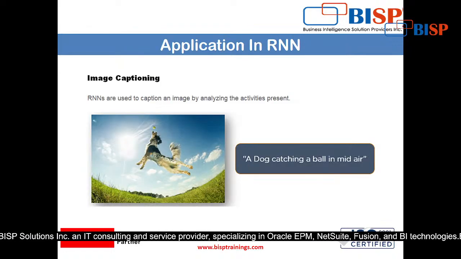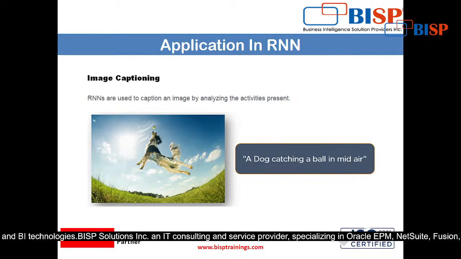Now see here, applications of RNN, the recurrent neural network. If I show you this image, which we already discussed at the very beginning of this session, and suppose I feed this image into the machine, the machine will come to the conclusion that this is a dog catching a ball in midair.